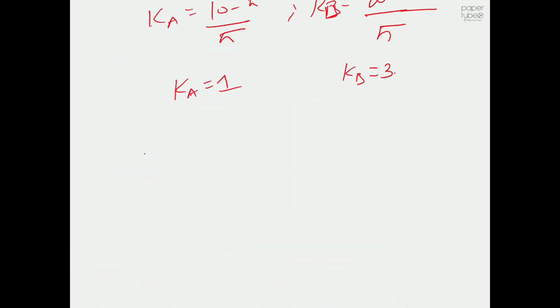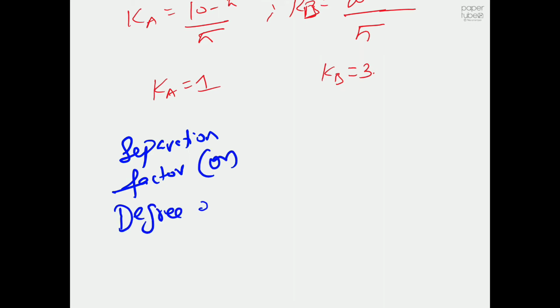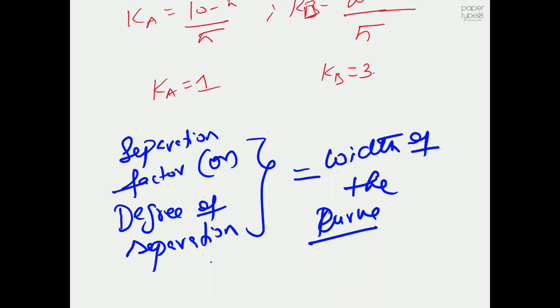So the separation factor, or the degree of separation, is something we can relate to the width of the peak, or the width of the curve, maybe a Gaussian curve.